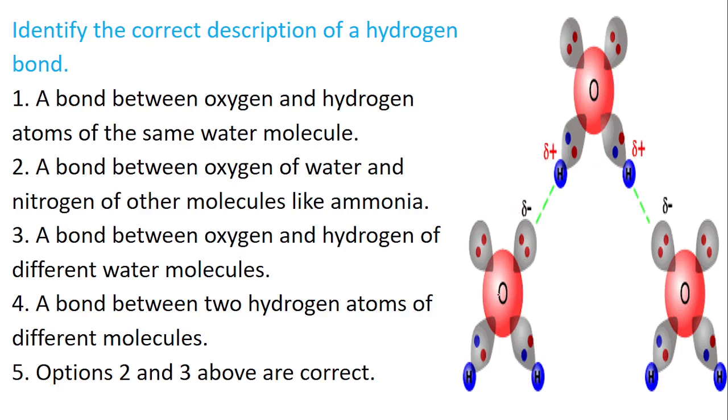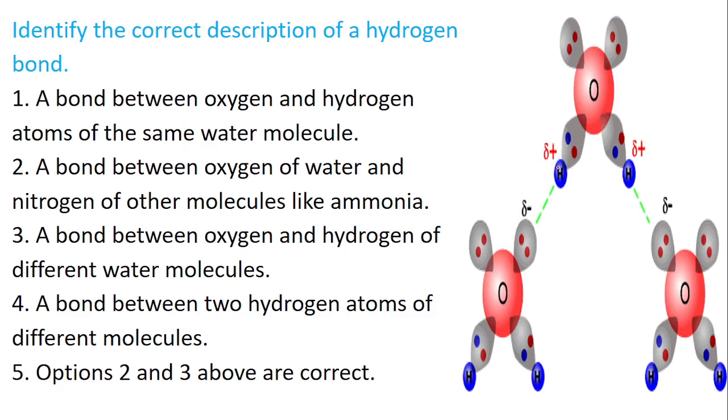electronegativity between oxygen and hydrogen, such that the electrons which are being shared are mostly being drawn towards the nucleus of oxygen. In short, they are closer to the nucleus of oxygen as compared to the nucleus of hydrogen. So this polar covalent bond leads to partial charges: the oxygen will have a partial negative charge and the hydrogen will have a partial positive charge.